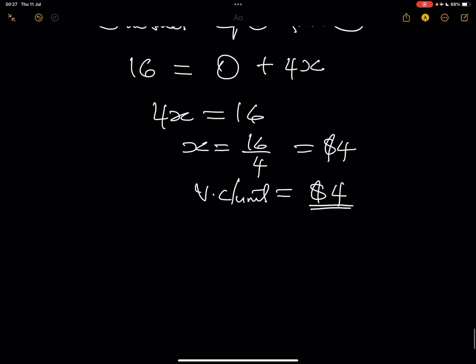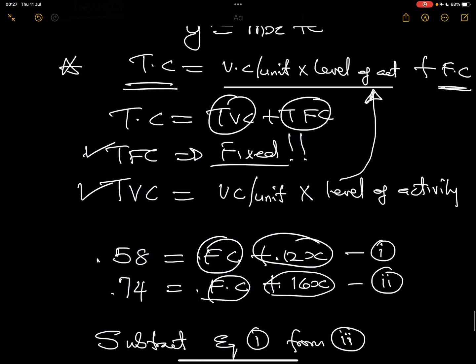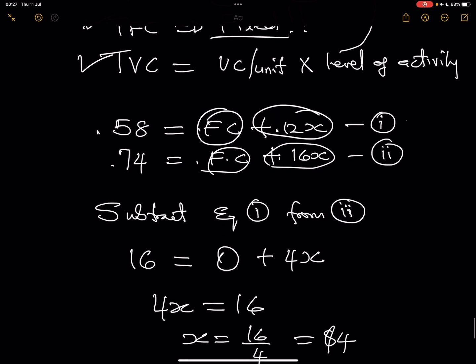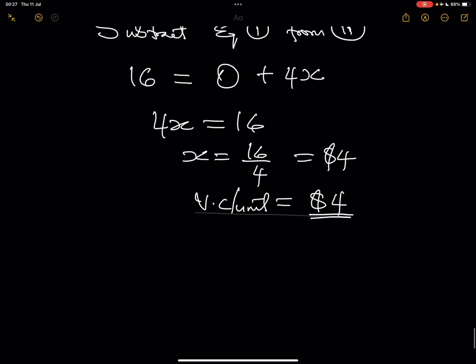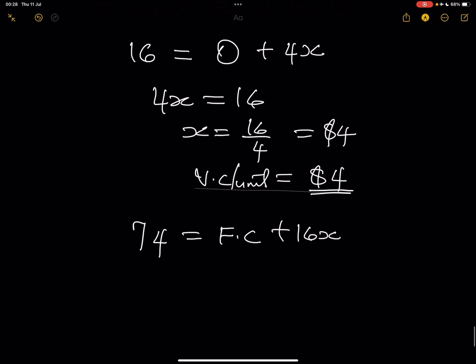And that is that. Now to get the fixed cost, you can just substitute into either equation 1 or equation 2. Let's work with equation 2, which says 74 equals the fixed cost that we're looking for plus 16X. We know X equals 4, so 74 equals fixed cost plus 16 times 4.